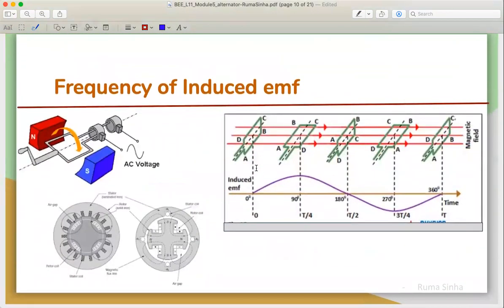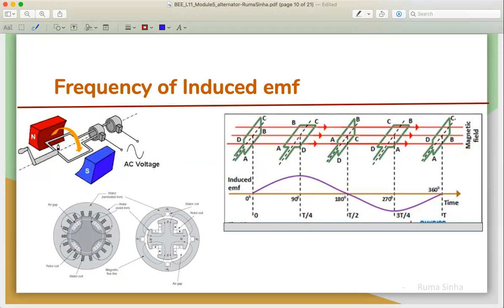Now, how do we calculate the induced EMF? In turn, this will give us the speed at which the rotor should rotate, and the frequency of the induced EMF can be calculated from this concept. We have an N pole and an S pole, so this is the magnetic field which is produced.